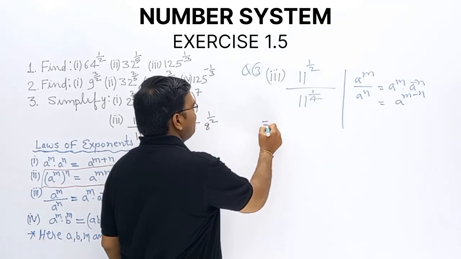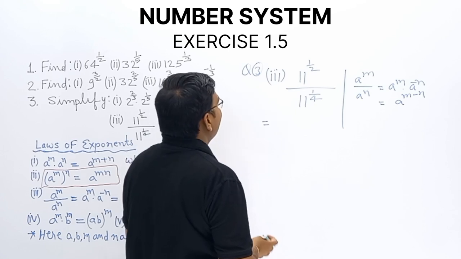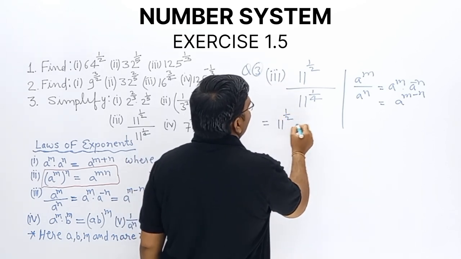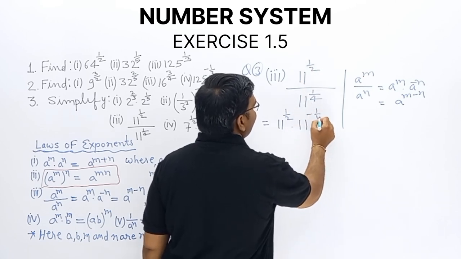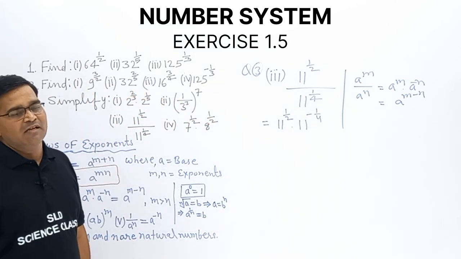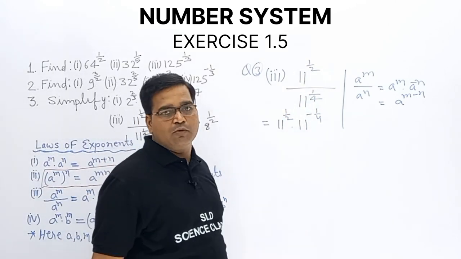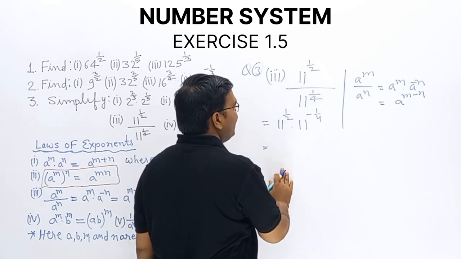So how we will do this one? Observe this one. First we will do like this, 11 power 1 by 2 into, now this is converted into numerator, 11 power minus 1 by 4. Clear? Bring this denominator part to numerator, this is positive, so it will be converted into negative. Now base is equal, we can add power.